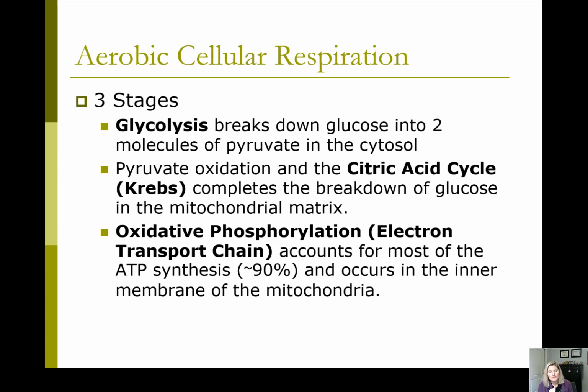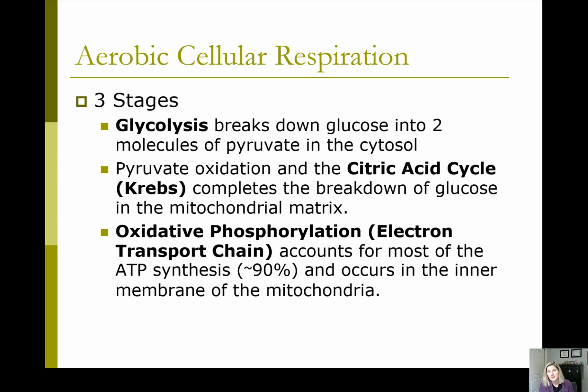So the first stage is called glycolysis. So in glycolysis, we're going to be taking glucose, so think glycolysis, glucose, and we're going to break it down. So we're actually going to break it down into 2 molecules. If you remember, glucose was C6H12O6, so there's 6 carbons. We're going to break it down into 2 molecules that each have 3 carbons.